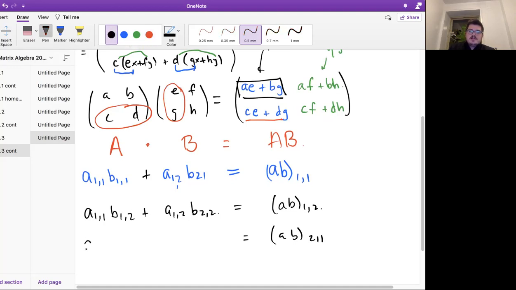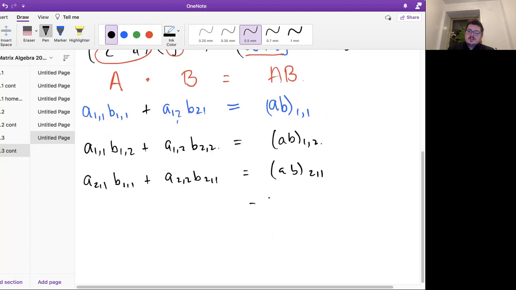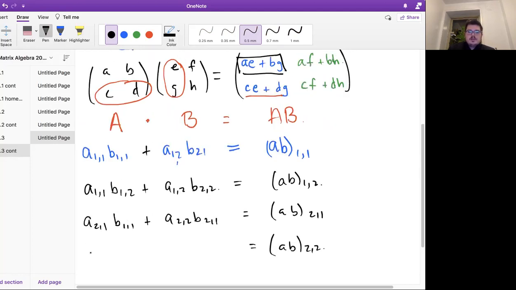Okay, so we have A21 B11 plus A22 B21. So I'll just do the last one. It's A21 B12 plus.